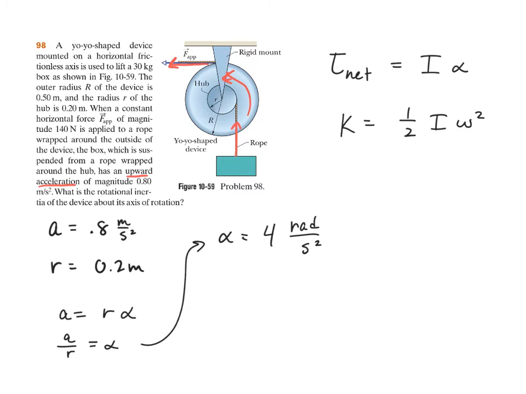Because it's a counterclockwise rotation, and we've been calling counterclockwise positive, we're going to keep this as a positive 4 radians per second squared. Had it been the other direction, we want to recognize that that would be a negative quantity for alpha. The same is going to go for the torques, right? We're going to see which way the torque applies, clockwise or counterclockwise, to yield a negative or positive tau.